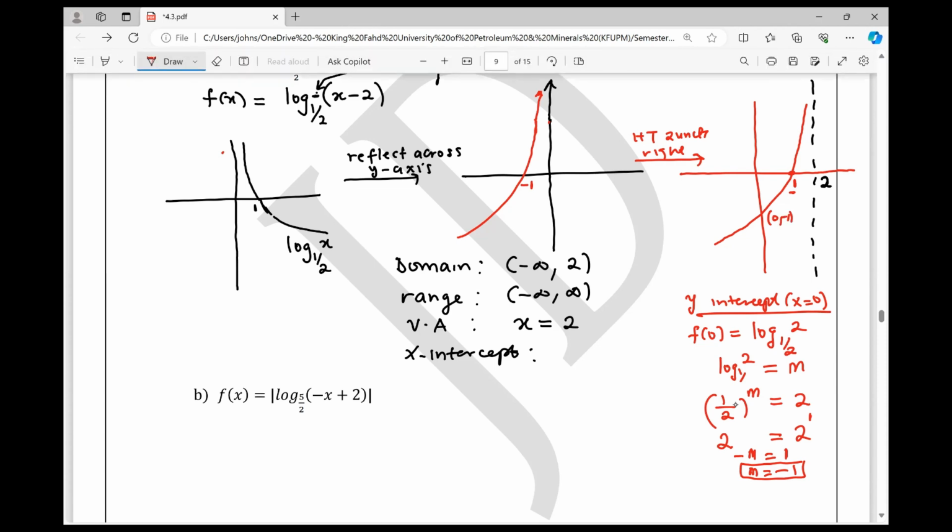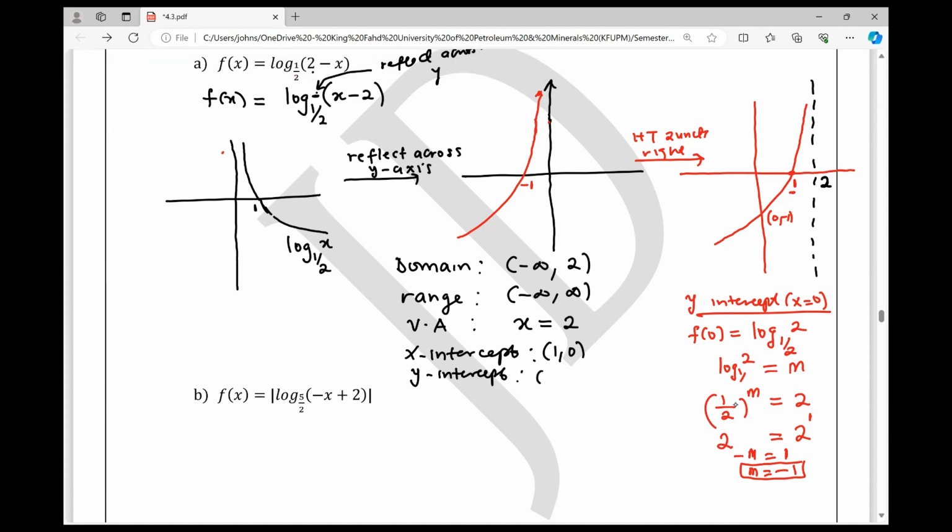That is our y-intercept, right? So let's put everything here. The x-intercept, we said, is 1 and 0. And the y-intercept is 0 and minus 1.